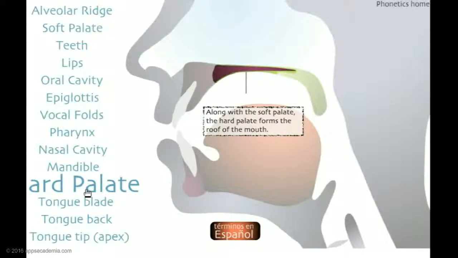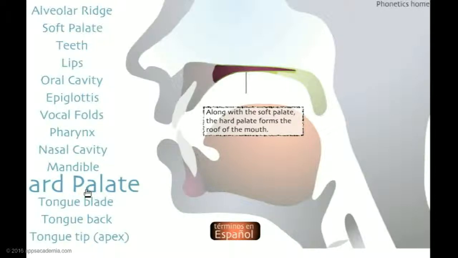When the lungs push air from below, the air is compressed. If the vocal cords are then opened suddenly, a sort of coughing noise is made. You can see this for yourself. Open your mouth wide. Hold your breath.